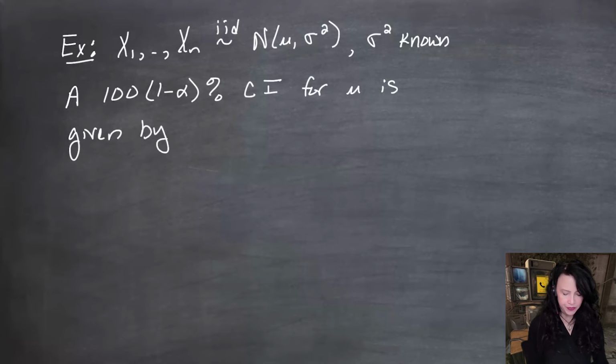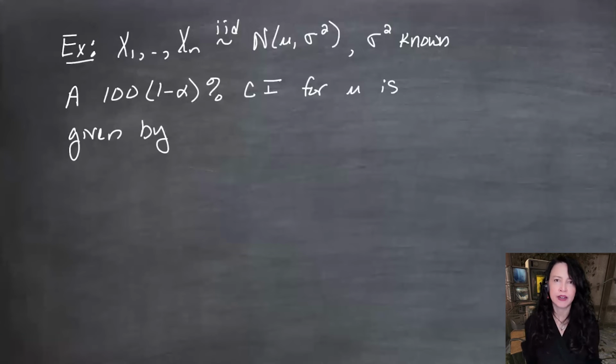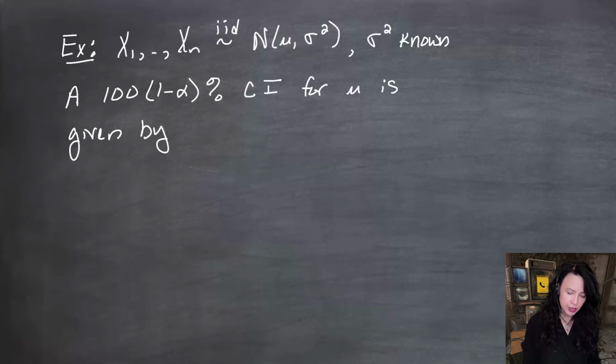Given by, so I'm about to put a formula in a box, and there are many things I could write here. But let's just mimic what we just did in this general percentage. If we're talking 95% confidence interval, then that makes 1 minus alpha 0.95, and that makes alpha equal to 0.05.